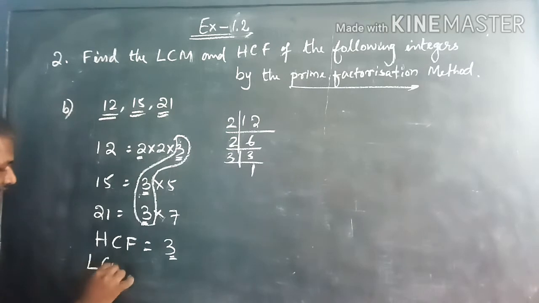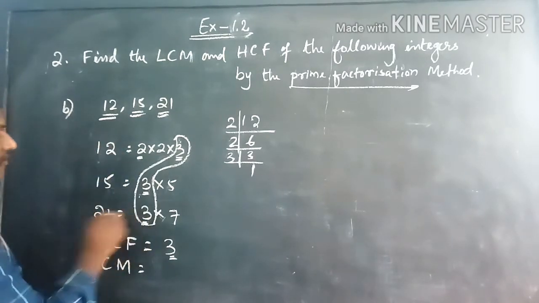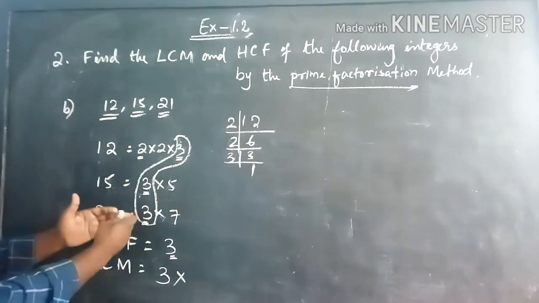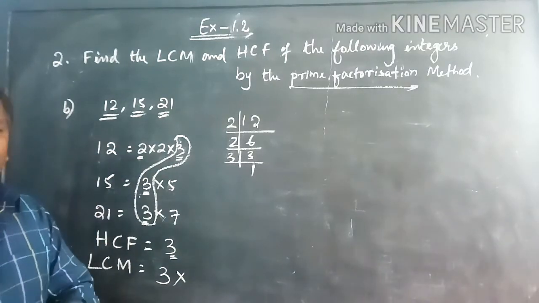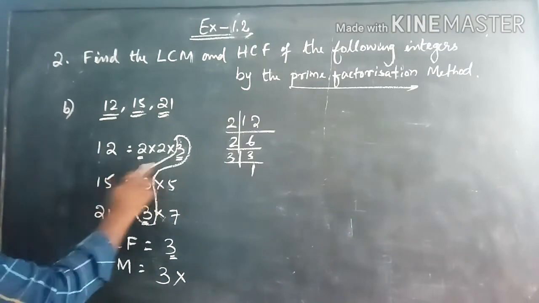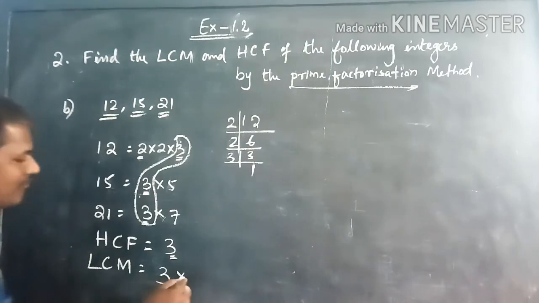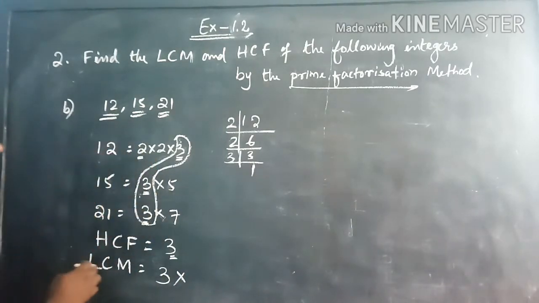Now let us write the LCM. LCM is the least common multiple. You have to find the LCM of all these three numbers. First you write the common factor of all three. Next, after taking that, look at the factors common to at least two numbers; there is no common factor between any two numbers. So you have to write all the numbers remaining in each of the given numbers.